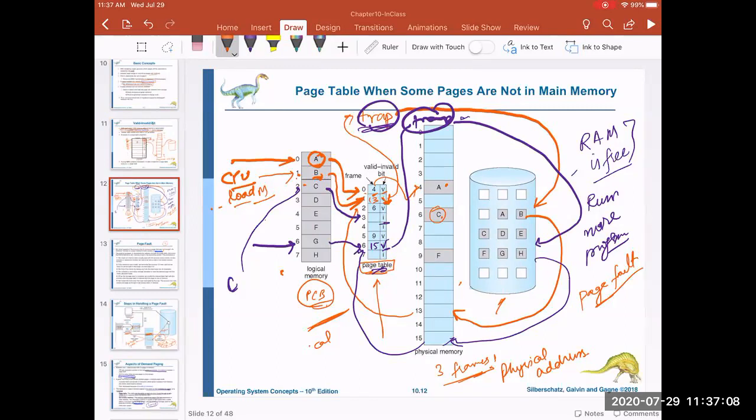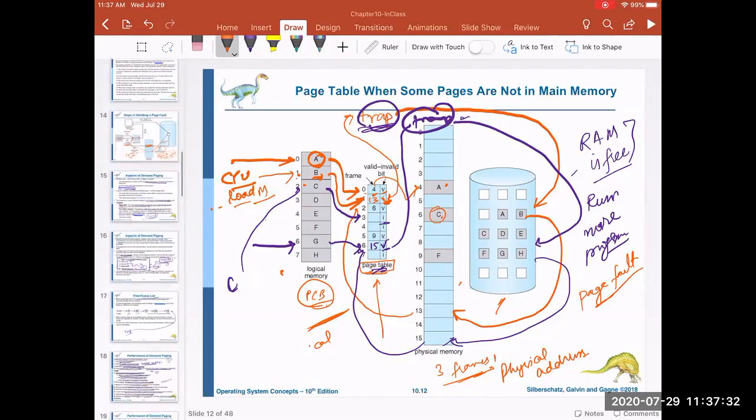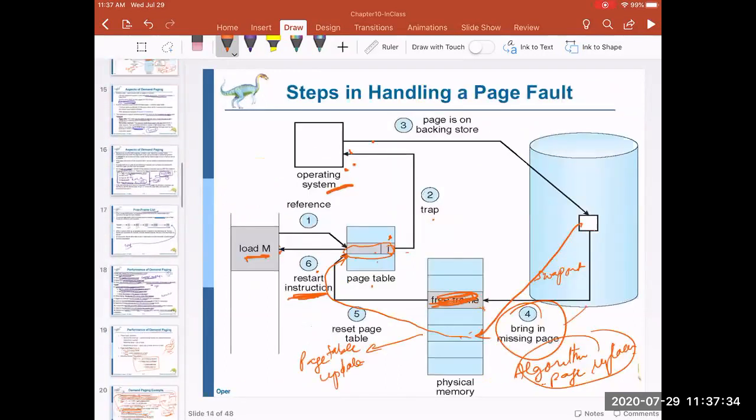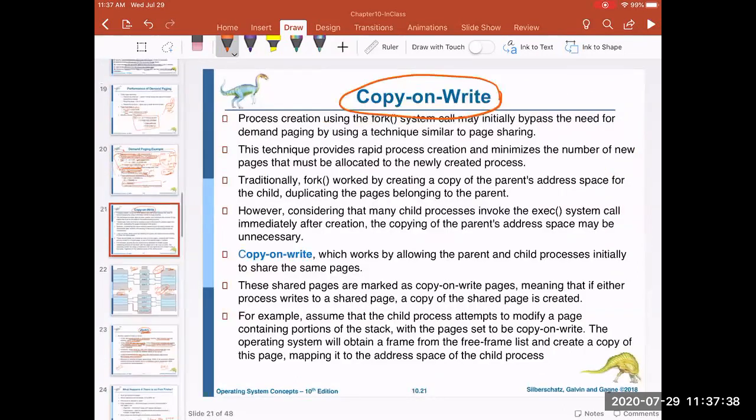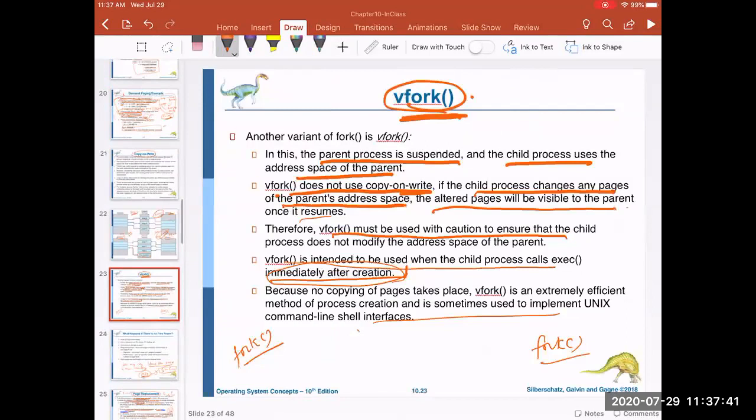For that, our valid-invalid bit is very helpful. Whenever the bit in the page table is invalid (I), and there is a request from the CPU for that particular page, it will generate a trap and bring the page back to the RAM.